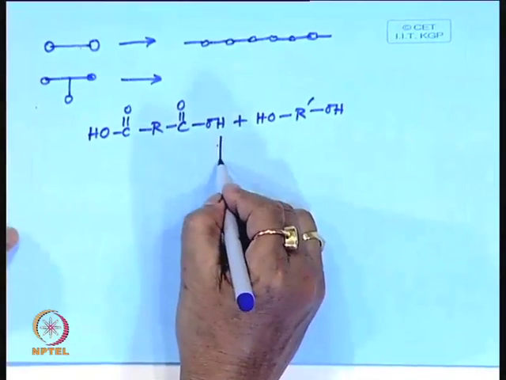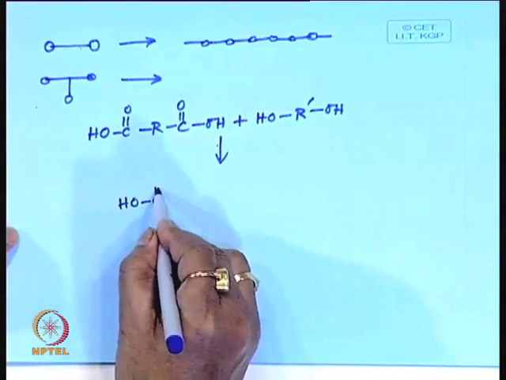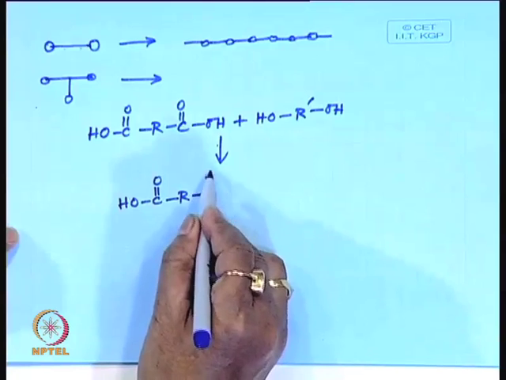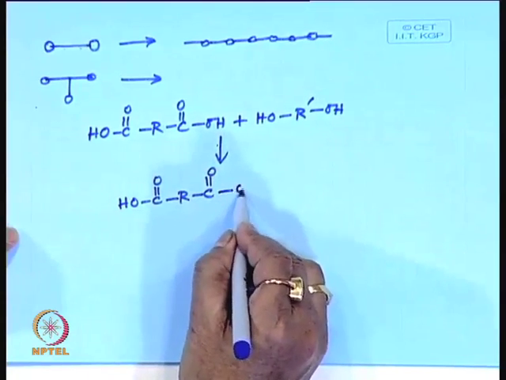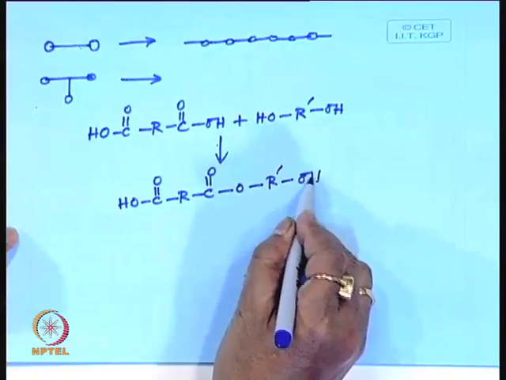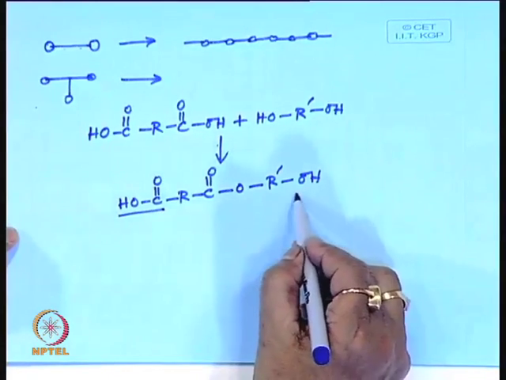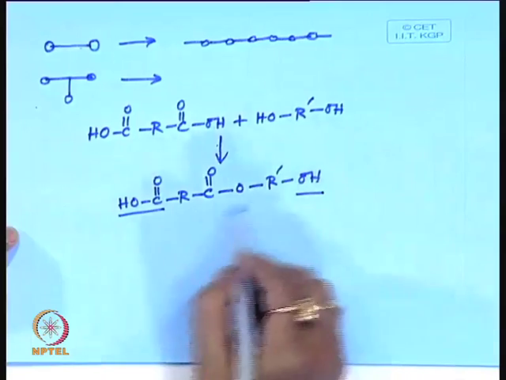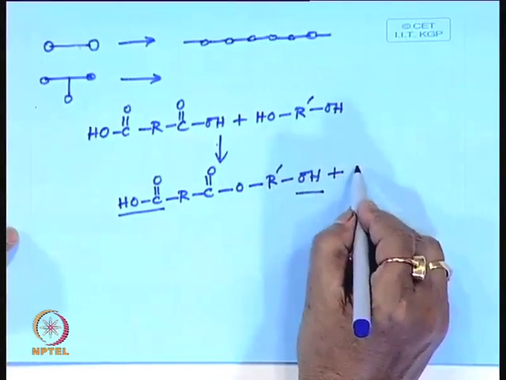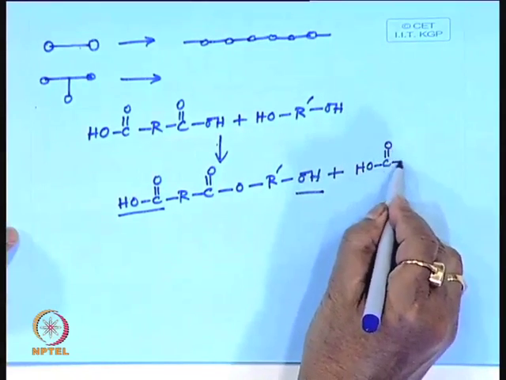Diol. So, it will lead to an intermediate; at this end an acid group, at this end an alcohol group. So, this will further react at this site with one acid functional group.